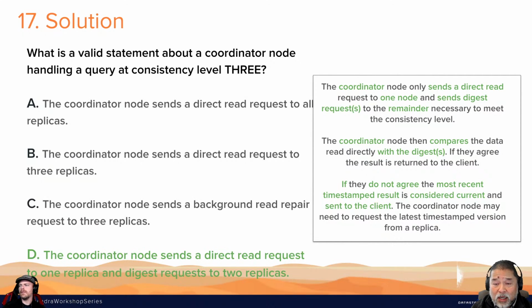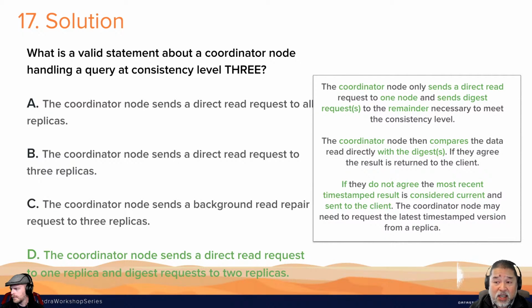The read repair request is in there as a distractor. The correct answer is D. What happens is the coordinator node sends a direct read request, that is to get the data from one node, and it chooses the node that in the past has responded the most quickly, because again, performance at scale.